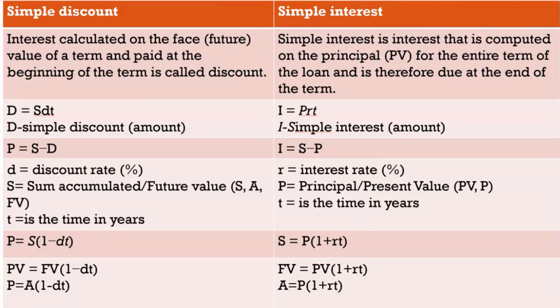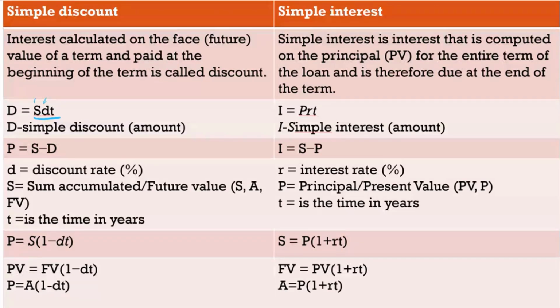Okay, so we've already attended to simple interest. The discount will be this. Remember, when we are talking about simple discount, we are talking about the amount. So it is the future value multiplied by the discount rate and also the time.